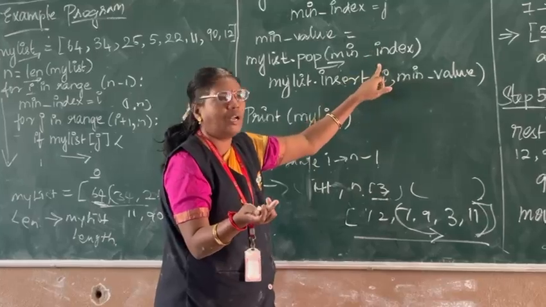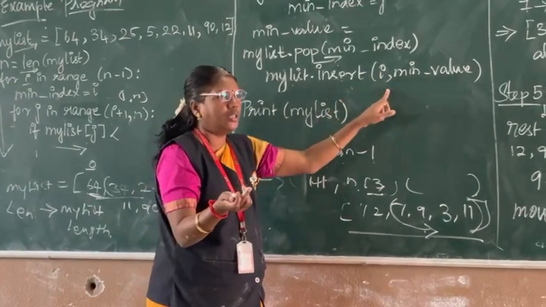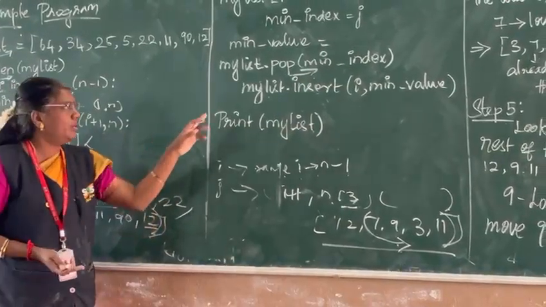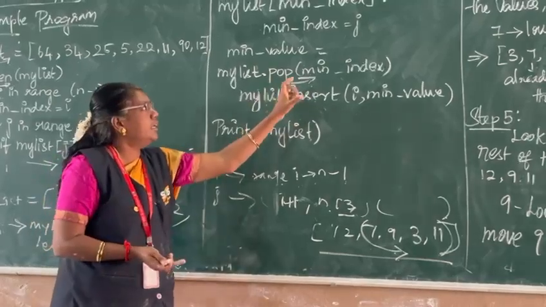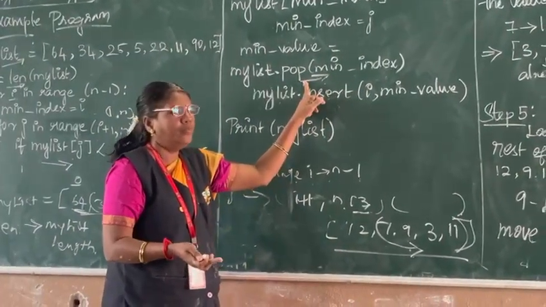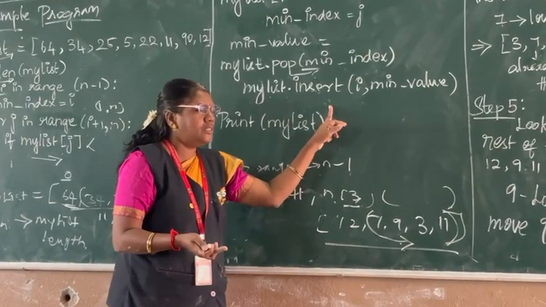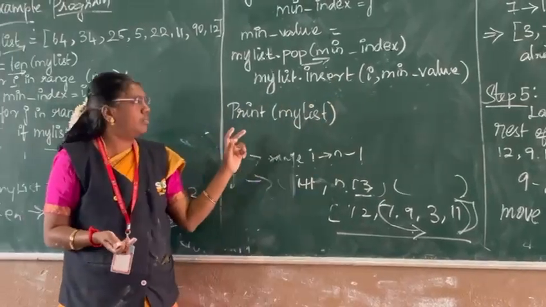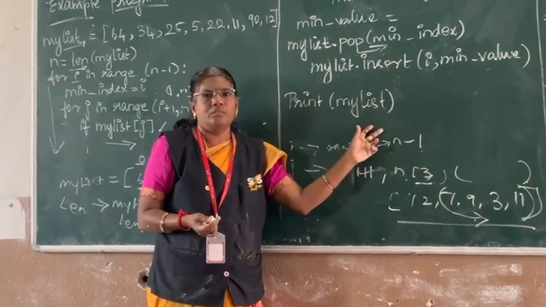If it is a minimum value, it gets stored here, and once the minimum value is stored, we remove it from the next array. That is the condition. Right? So my list dot pop removes the element at the minimum index value. The removed value is then inserted with my list dot insert of i comma the removed value. Then print my list, which will be updated.